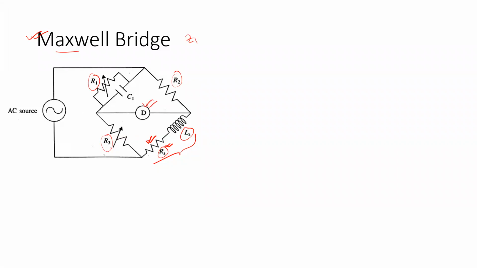Now, in order to obtain the balance condition, we can start with the basic form of the balance condition, then put the expressions of the different impedances in it and simplify to get an expression for RS and LS. So let us first define the impedances in all four arms.